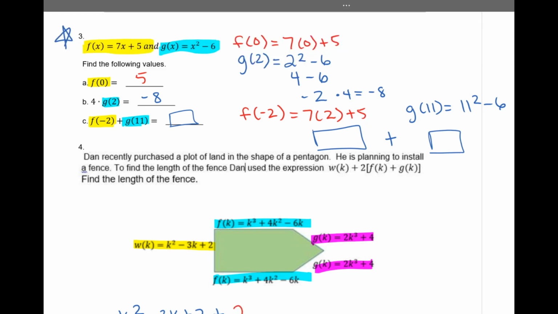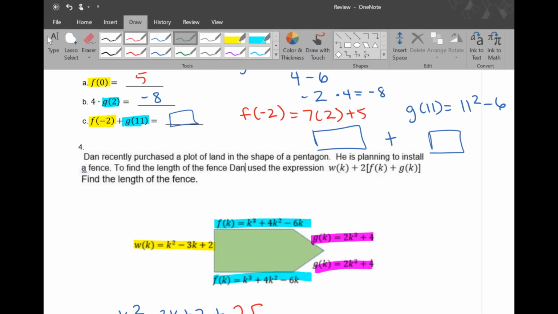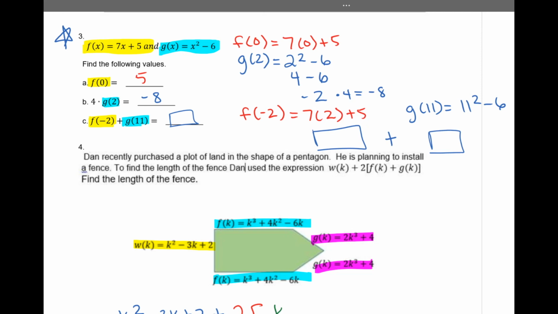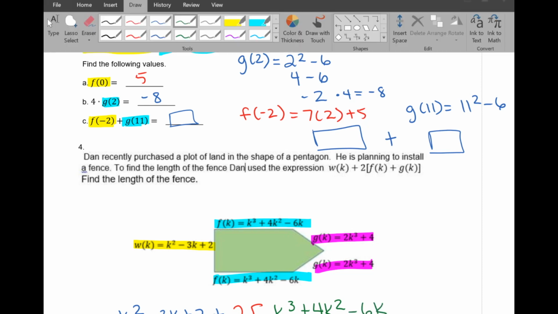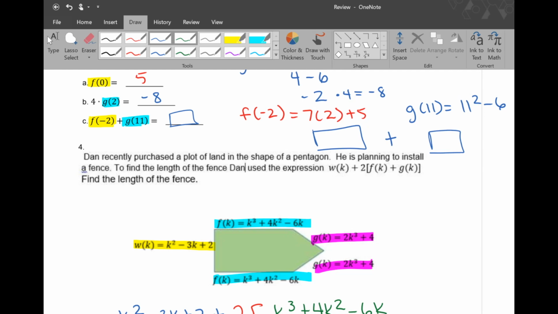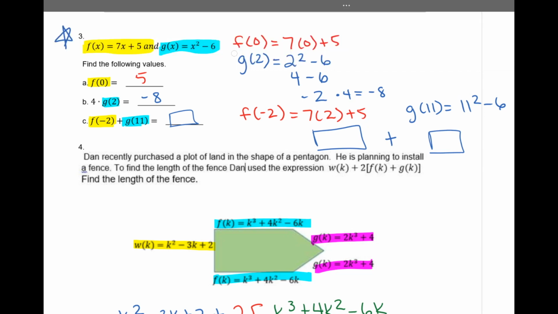Let's keep this as red. F of k, which is going to be green, we'll make that one k to the third plus 4k squared minus 6k, and then plus g of k, which is going to be 2k to the third plus 4.